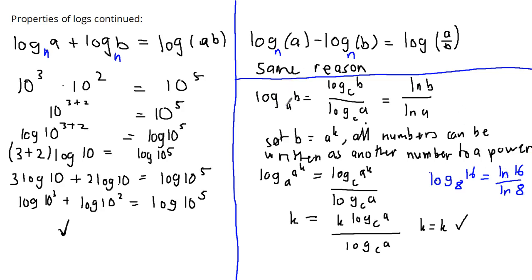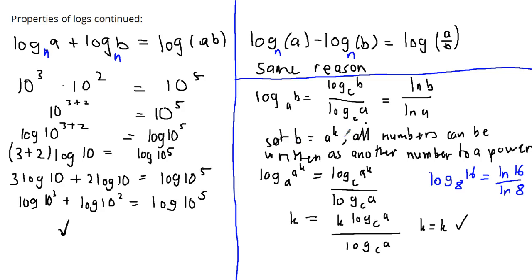Here's why. Log base 8 of b is equal to this, right? We'll assume that it works. So if we set b equal to a to the k, right? Because any number can be written in another base with an exponent.